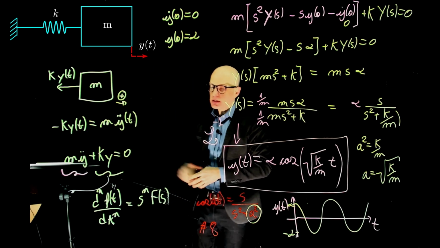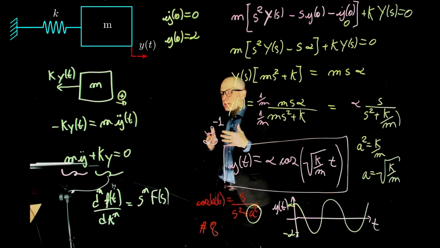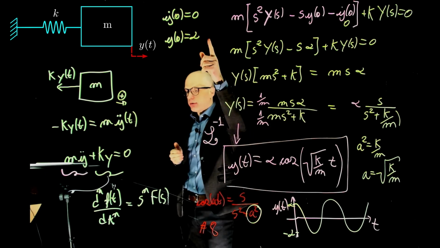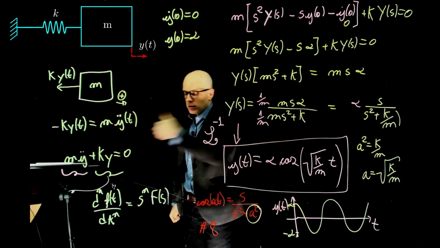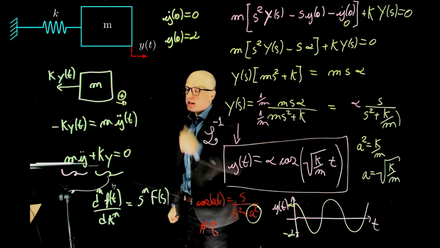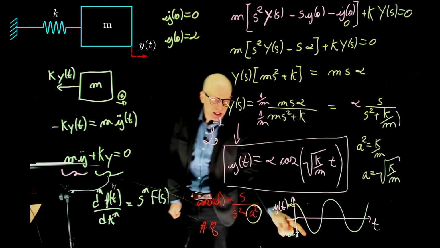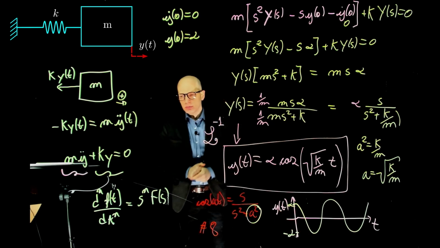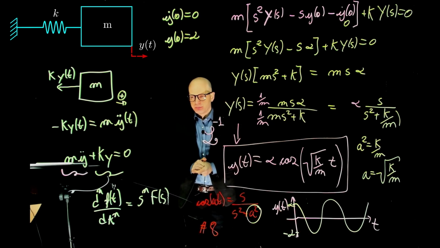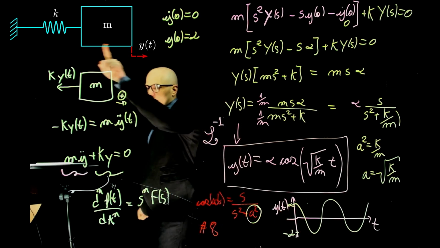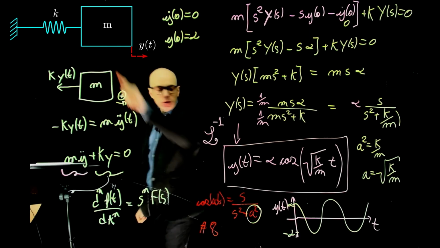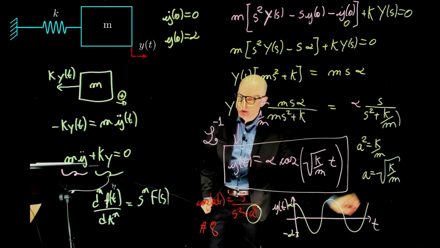There is nothing dissipating energy. So once we let the mass go from alpha, it will always oscillate back and forth. It never stops because there is no friction anywhere. This is precisely what we see in here. Should we have an exponential, some damping here, another term would show up to damp out these oscillations.